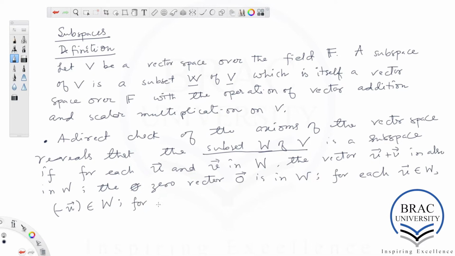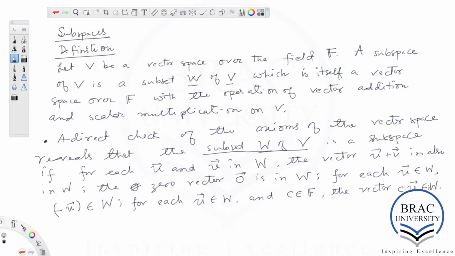For each U in W, and each scalar C, the vector C times U has to be in W. Okay, these are the things which need to be checked to prove that W is a vector subspace of the given vector space V.